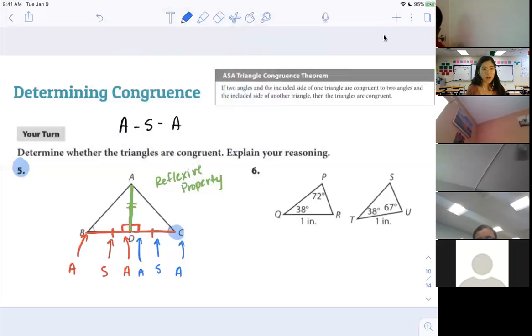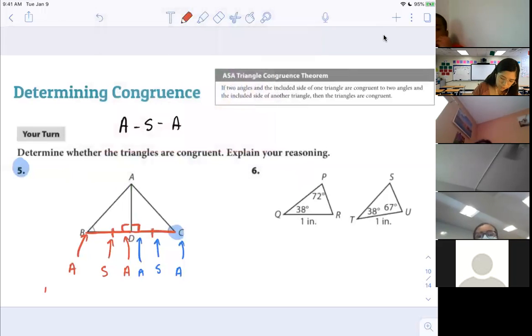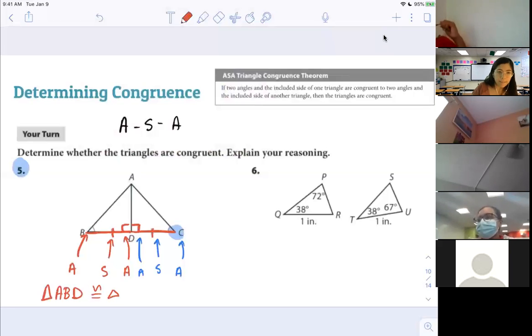Did we need the reflexive property in this case? Yeah, we can do it without numbers. Right, we did not need the reflexive property in the end because we have everything we need without it. So here I can say that triangle ABD is congruent to triangle, how do I match?